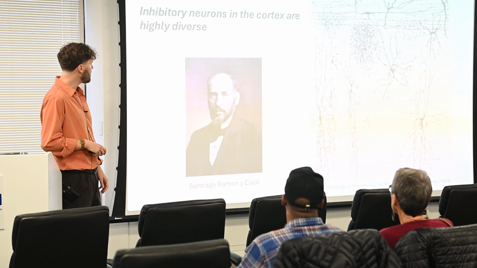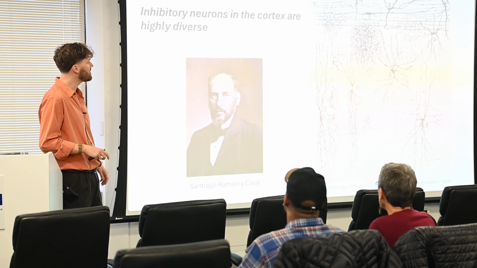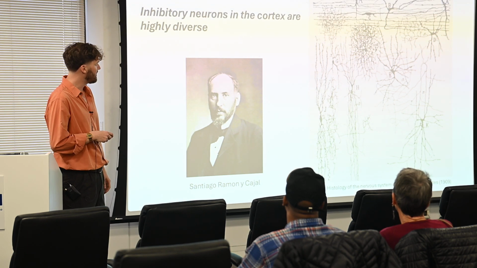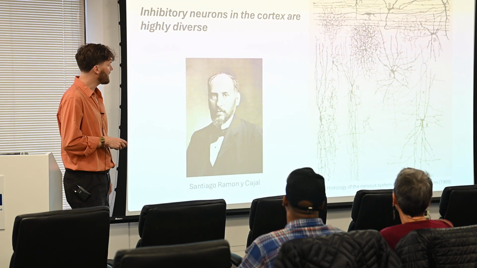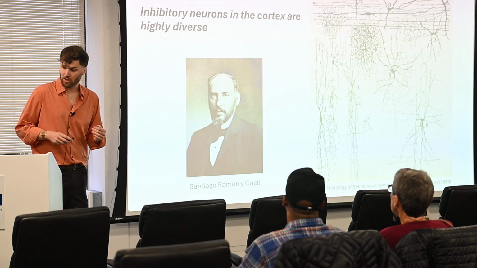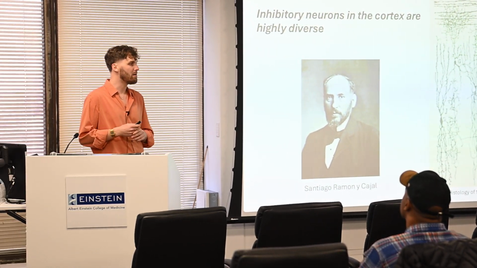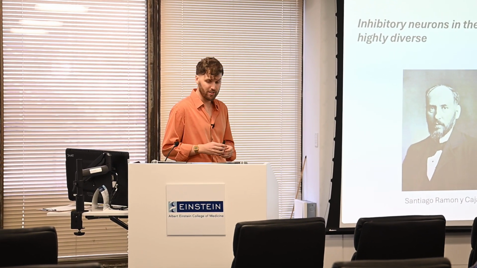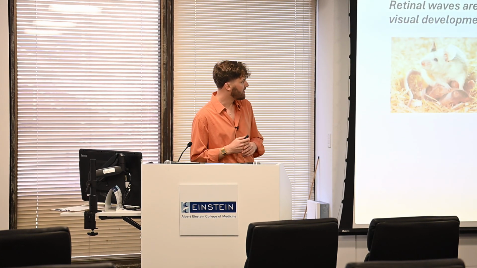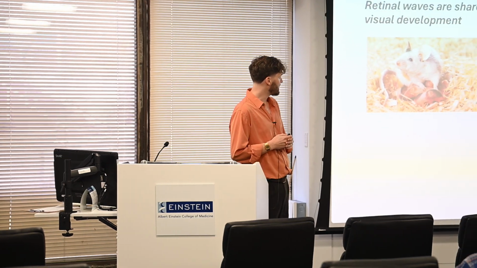Work from nearly 100 years ago from Santiago Ramon y Cajal, for which he won a Nobel Prize, showed us with beautiful hand drawings of individual neurons in the brain that they come in a variety of different shapes and sizes, and were hypothesized for a long time to have different functions, but these functions remained somewhat inaccessible for many years.